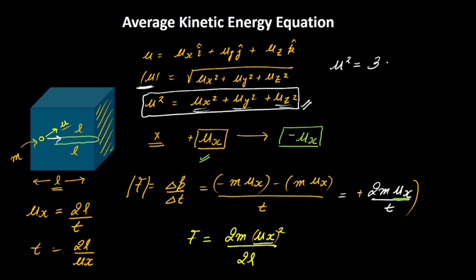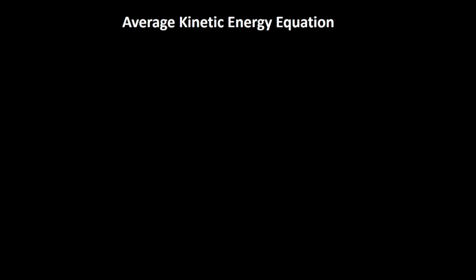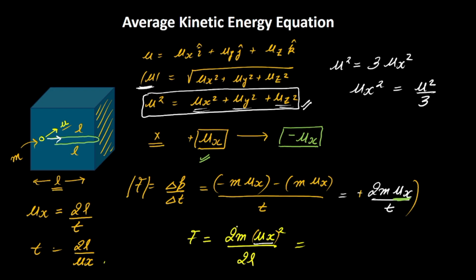We can write this as 3 times ux square. So from here ux square comes out to be u square divided by 3. In this expression, the 2 and 2 get cancelled, and instead of ux square we can write u square by 3. So it comes out to be m times u square divided by 3 divided by L. Now please remember, this is the force that has come out because of just one molecule.